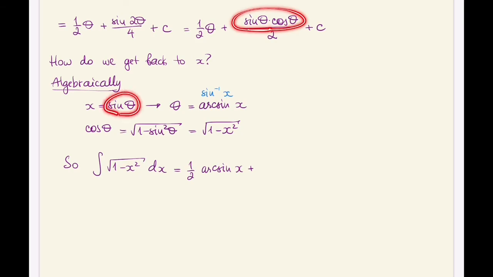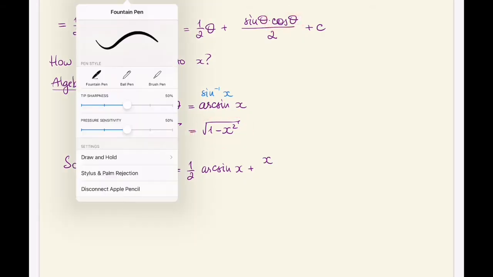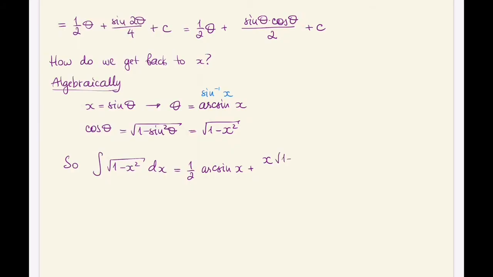So sine theta is just x, and then cosine theta, which I derived to be the square root of 1 minus x squared, all over 2, plus a constant. And that is my final answer here.